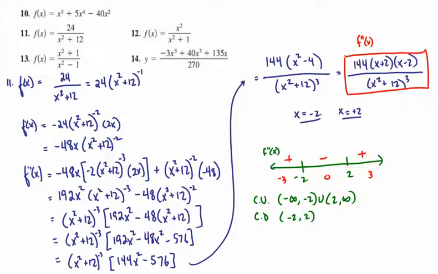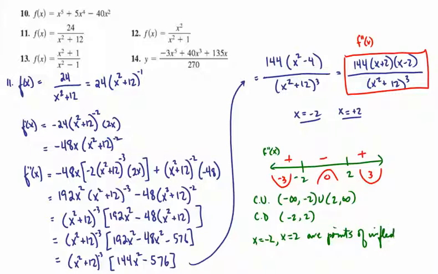Again, if you wanted to, you could go in here and draw the little up and down concave segments to show you. Now, we haven't gotten to this point yet, but we do have 2 points of inflection. X equals negative 2, x equals 2 are points of inflection, because concavity changes from positive to negative at x equals negative 2, negative to positive at x equals positive 2.